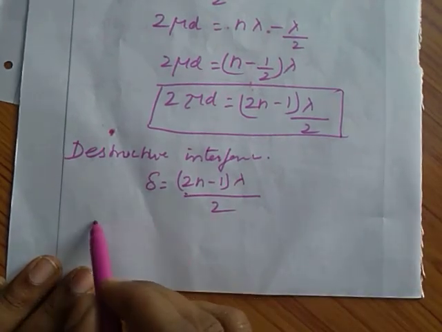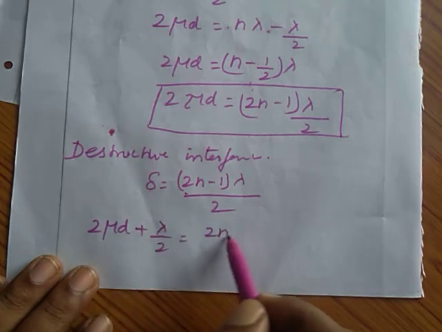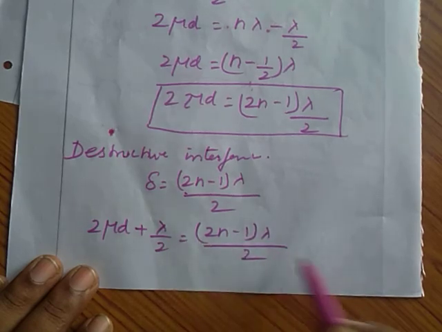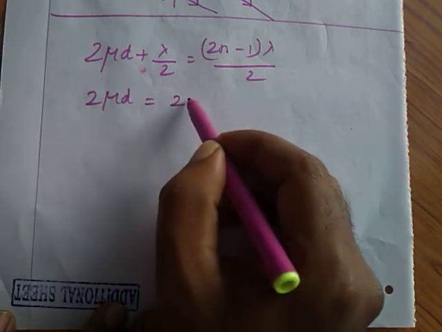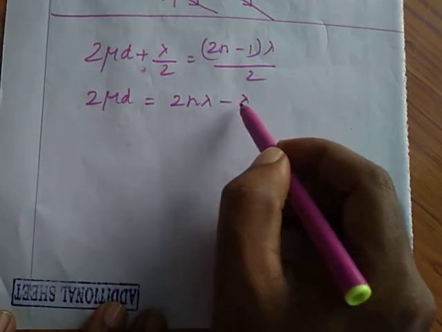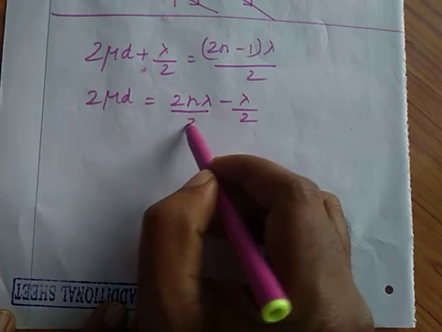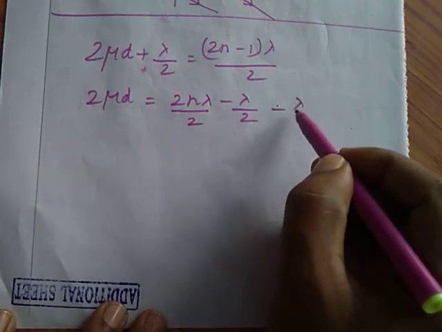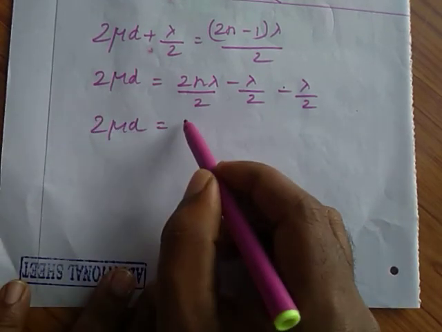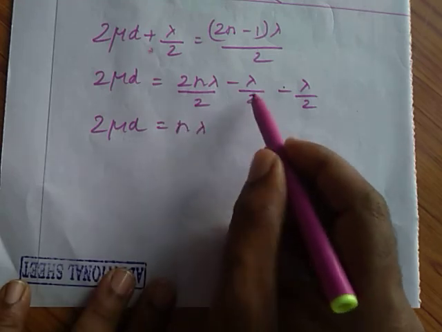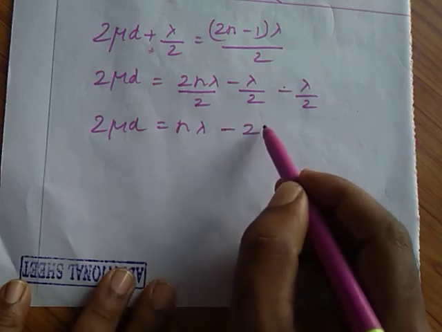Including the extra terms, 2 mu d plus lambda by 2 is equal to (2n minus 1) lambda by 2. Correct? Then I solve this: 2 mu d is equal to 2n lambda by 2 minus lambda by 2.